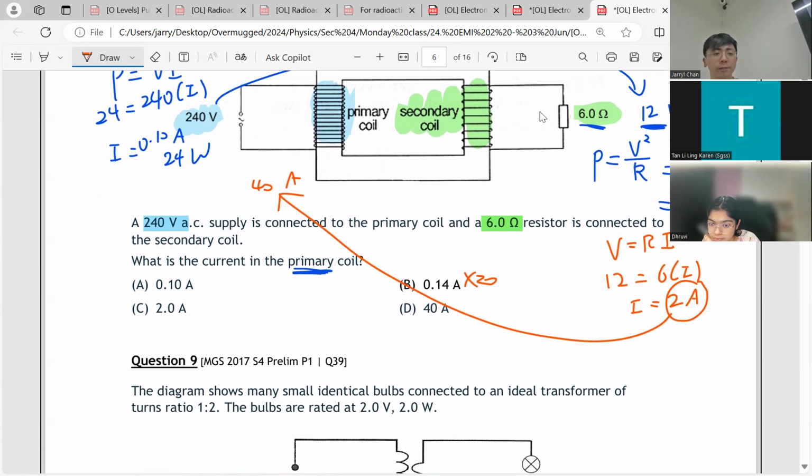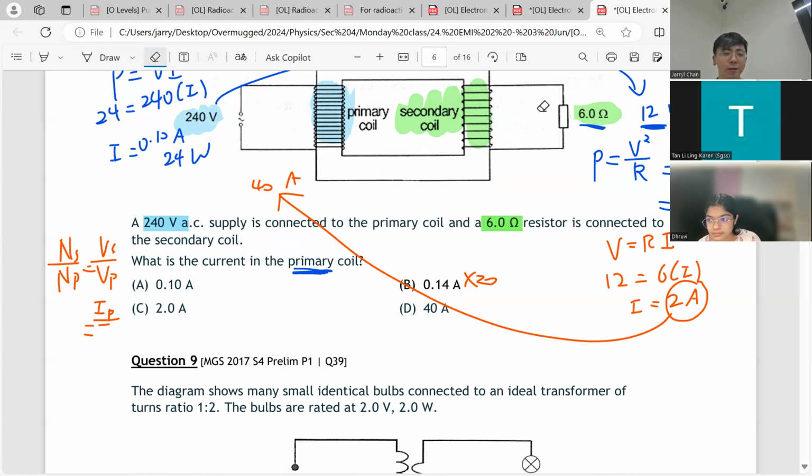Okay, yeah. So the formula was Ns over Np equals Vs over Vp. Say again? Oh, Ip over Is. This works. I purposely never really introduced this one, because if you truly understood the divide and times thing, you don't need to apply this.